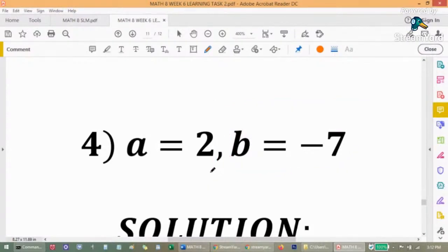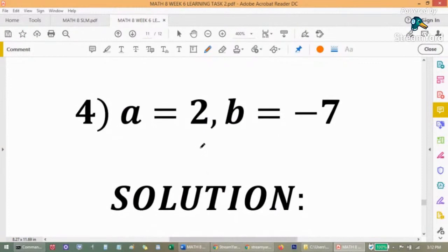What this means is that A is the x-intercept. The letter A is the x-intercept. And B is the y-intercept.